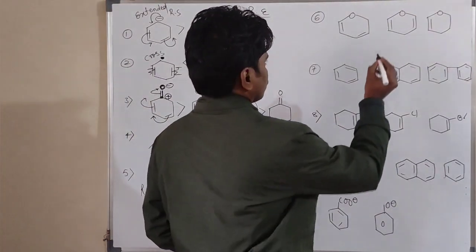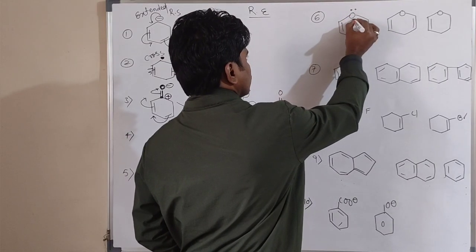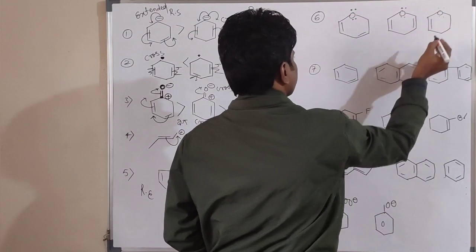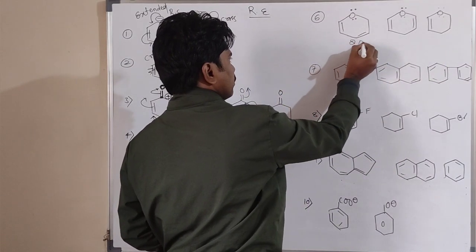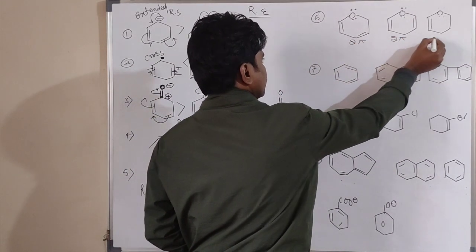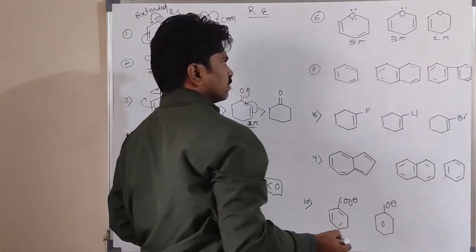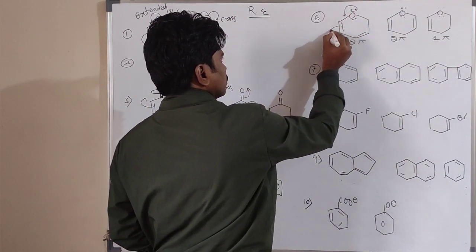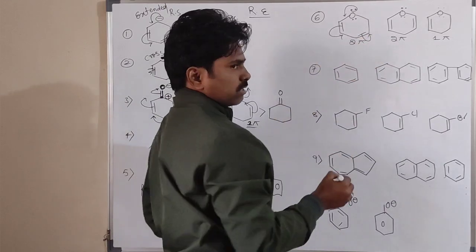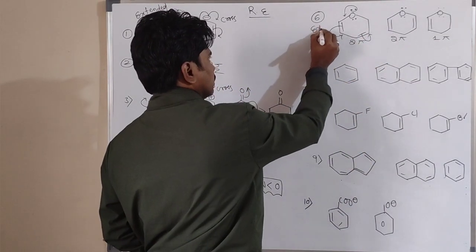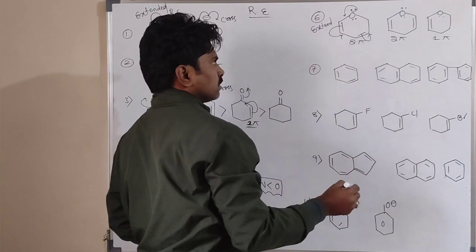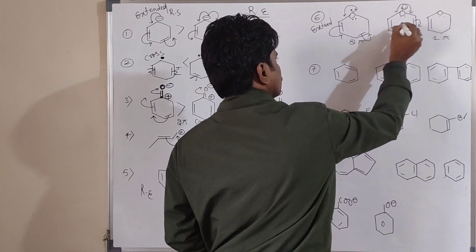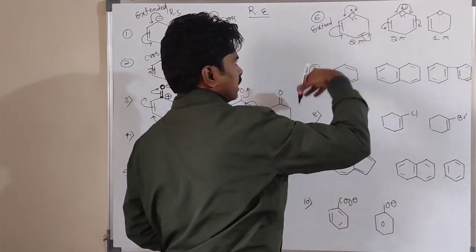Come to the next question. Now in this question, there is a lone pair of electrons on the oxygen atom. Here there are 2 pi bonds, here also 2 pi bonds, but here 1 pi bond. Come to the conjugation. This is continuous, extended conjugation. But here the conjugation occurs both ways, from that side and this side.